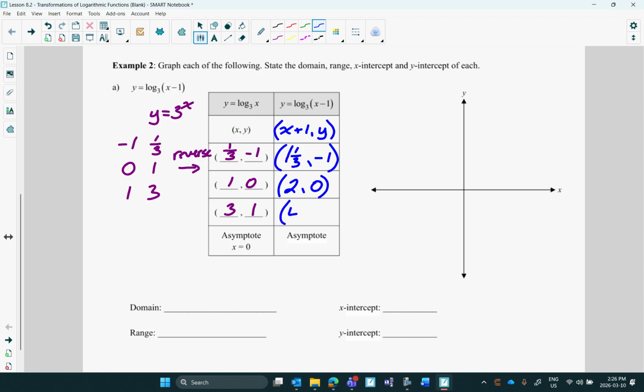And then 4, 1. And what happened to the vertical asymptote? It moved one to the right as well. So it's now x equals 1. We have to remember to draw that in too.